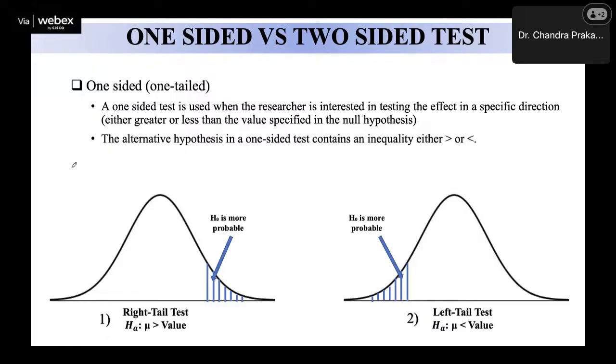So as I was telling you, in the wafer example, the chips in that particular packet are 50. If I go with a single tail, my hypothesis may be that if I go with the right tail, it means greater than 50, and if I say less than 50, then I go with the left tail.